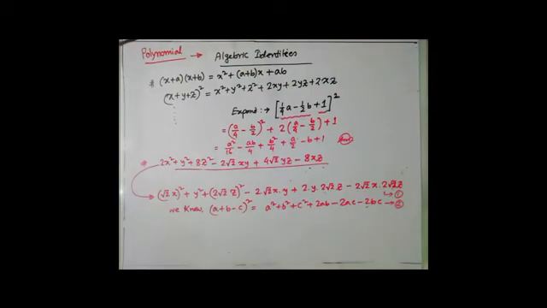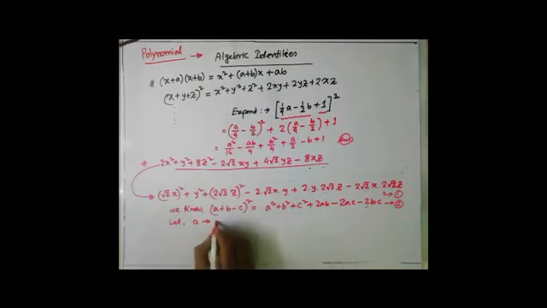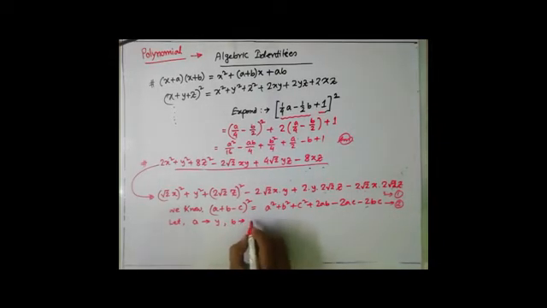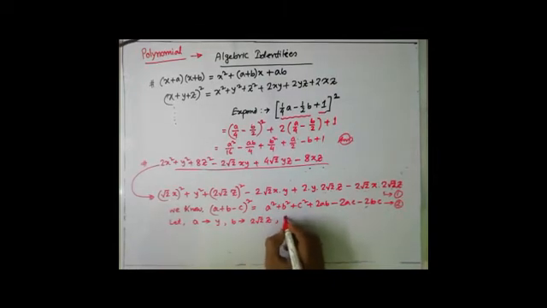Okay, now I have to consider that let a be considered as y, b as 2 root 2z, and c as root 2x.